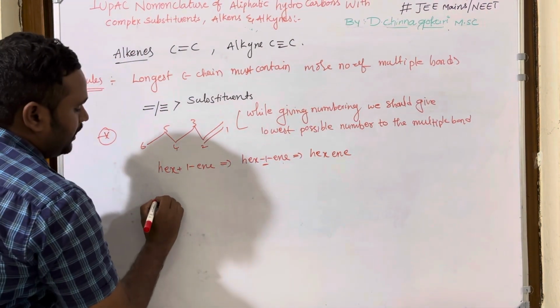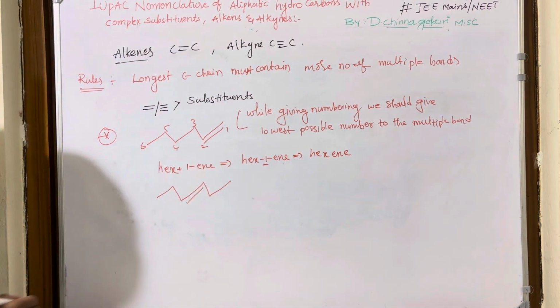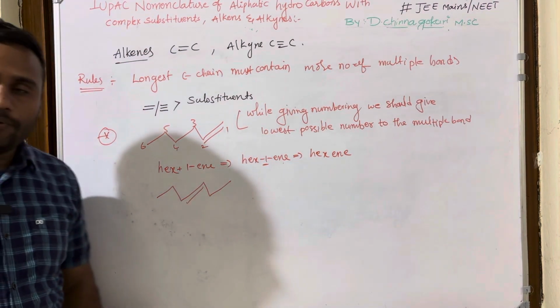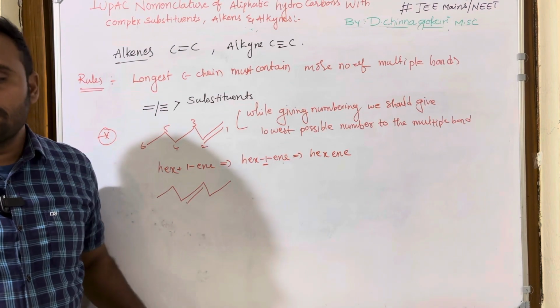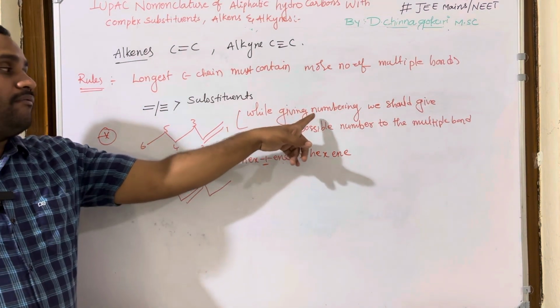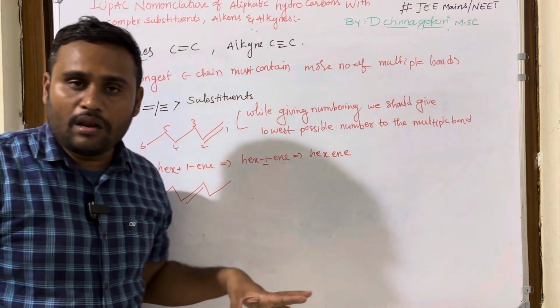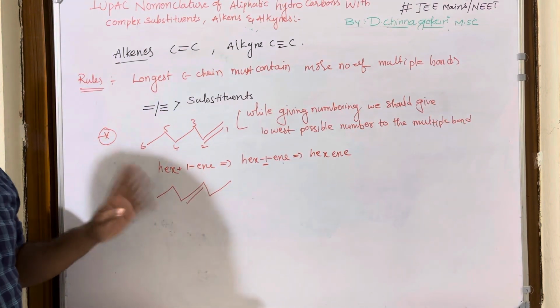Next, let us see another one. What is the IUPAC name of this compound? First the challenge is giving numbering. As I said, while giving numbering we should give the lowest possible number to the multiple bond.